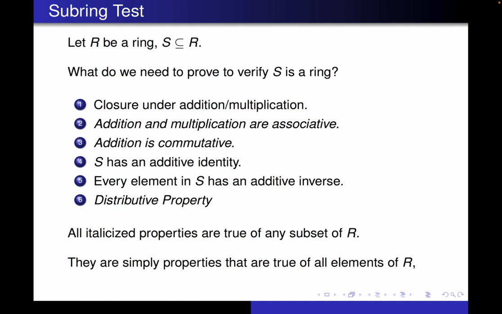The distributive property is going to hold regardless of what the set S is. Those are properties that are inherent in the addition and multiplication in the ring R. And since S is using that same addition and multiplication, those properties are going to hold in the set S as well. So what that means is that all of those italicized properties are properties that are true of all elements of R, which means they're going to be true of all elements of S as well.